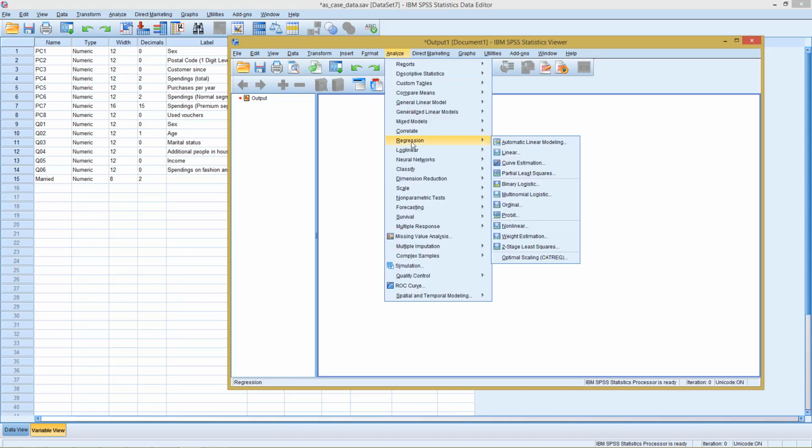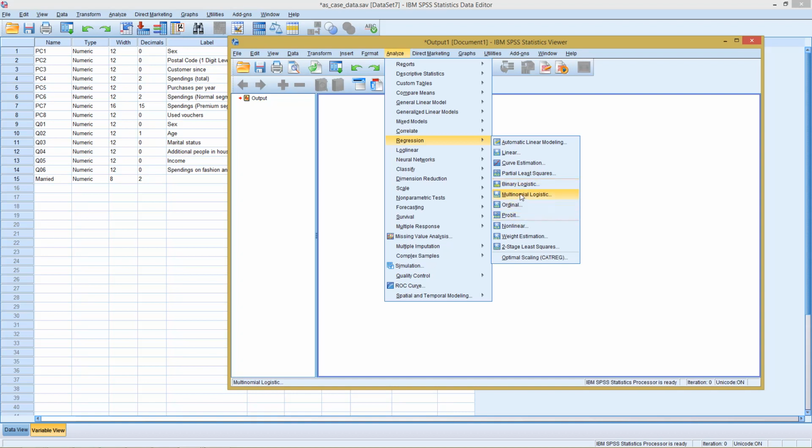Okay, how can we run such a Logit regression? We go to Analyze, Regression, and we see we have here binary logistic, multinomial logistic, ordinal and probit. That's basically the main thing I talked about. Binary logistic, that's the case which usually is referred to as Logit or Probit. In this case logistic, that's Logit.